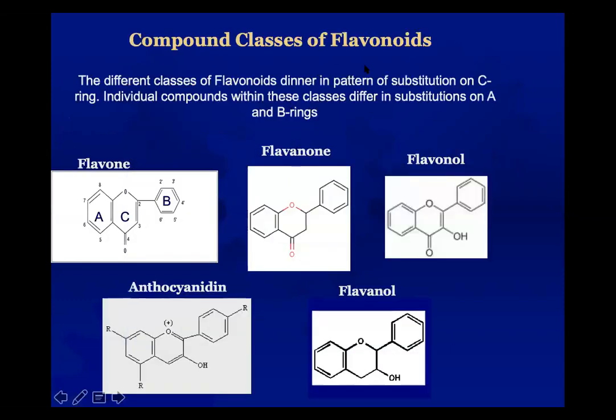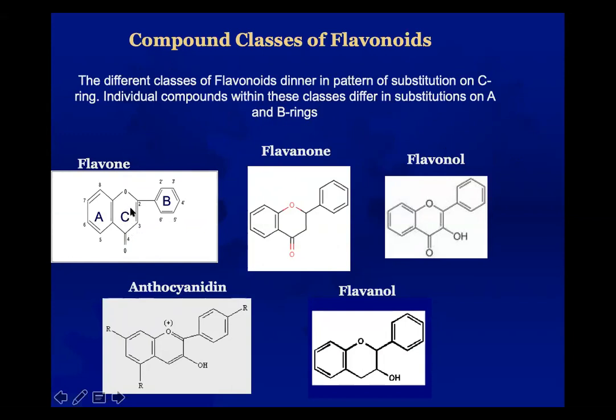Compound classes of flavonoids. There are different classes of flavonoids in our natural system, and flavonoids have three rings. One is the A ring, another is the B ring. These are aromatic rings, benzene rings, and the C ring is not aromatic.